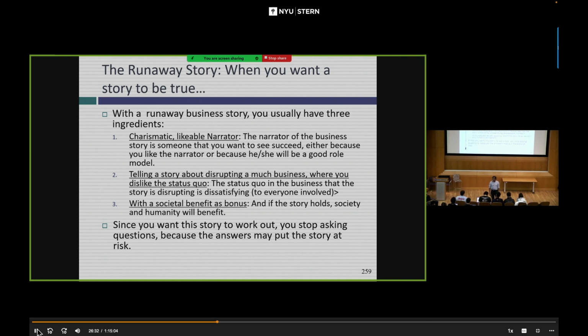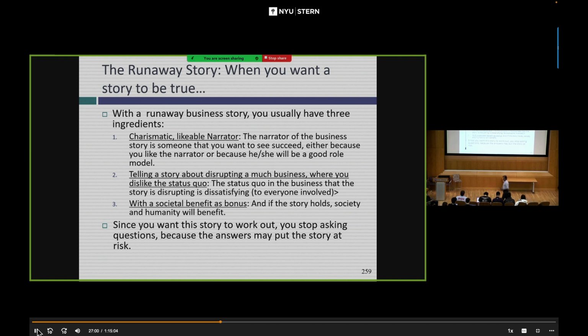They're telling a story about disrupting a business you've never liked, like universities, because you had a tough time getting your grade changed from last semester. You say, somebody disrupt NYU's business model. And to top it all off, the storyteller tells you how they're going to make the world a better place.